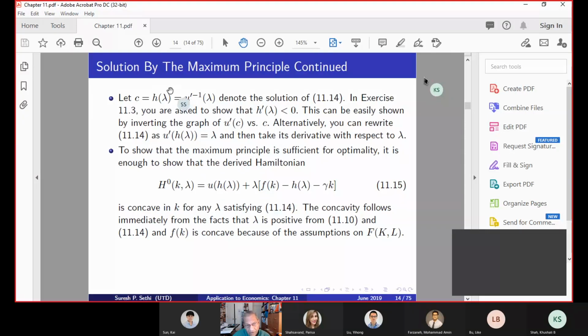So this is the same as writing u prime of h of lambda equal to lambda. That's what that equation means. Okay. And then you take the derivative, u double prime of h times h prime of lambda equal to 1, and then you can easily find out that h prime of lambda is less than 0. Oh, here. It's already here.